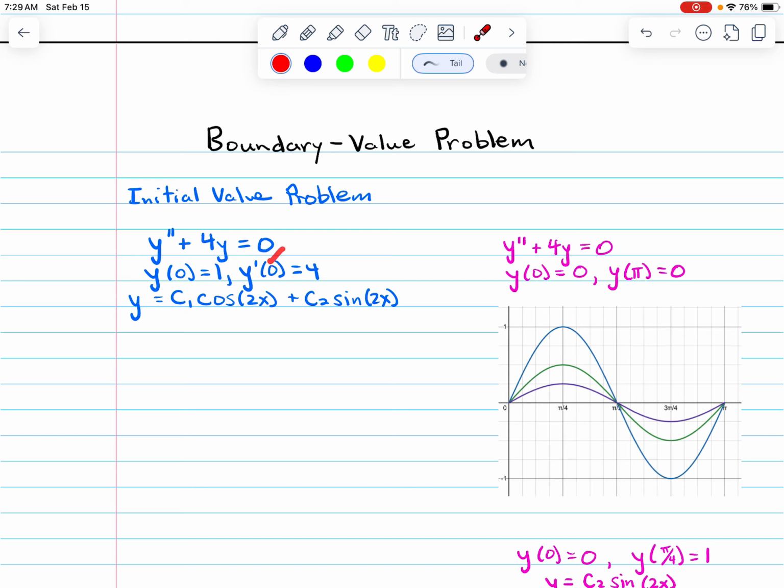I'm putting in a 0 into the y prime and getting out 4. This over here is a boundary value problem. Notice I'm putting in a 0 and then I'm putting in a pi. I'm putting in different numbers there. So on the one hand, I have an initial value problem, and the initial value problem is what we were just looking at for that theorem, the existence of a unique solution theorem.